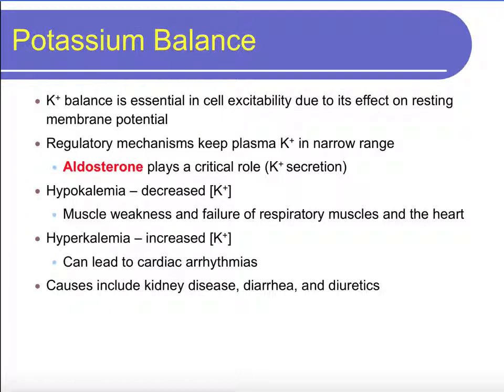Hyperkalemia, which is an increase in potassium concentration, will cause your resting membrane potential to depolarize. You'll become closer to threshold, and so you become more excitable. So it can lead to things like cardiac arrhythmias. So causes of potassium imbalance includes kidney disease, diarrhea, and diuretics.